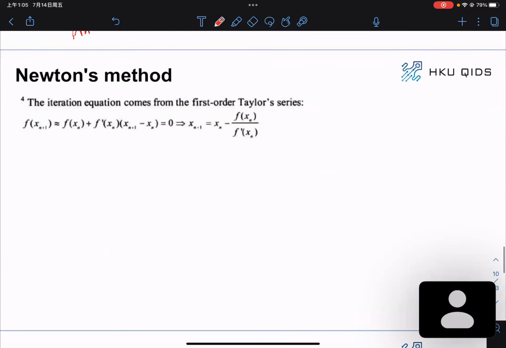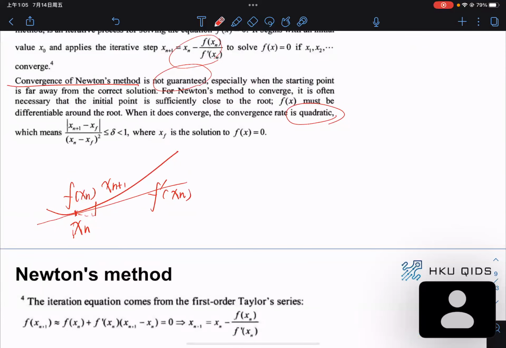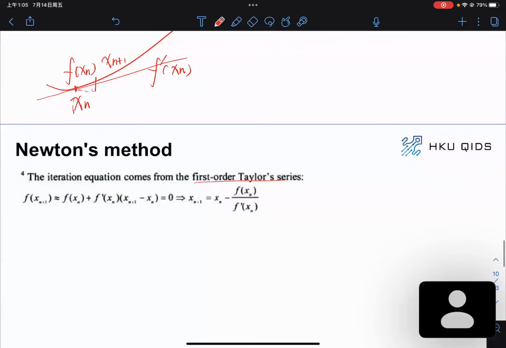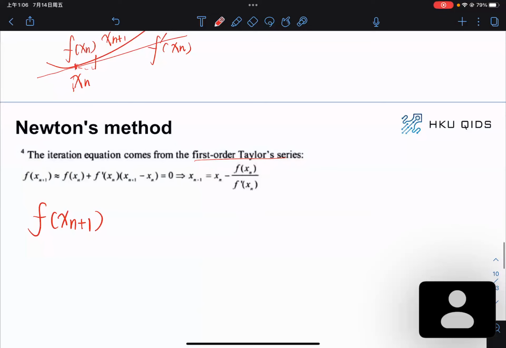And the iteration equation, why it looks like this formula, is coming from the first order Taylor series. How is that the case? It's already written here, because we can have f(x(n+1)). So if we define this, then we know that x0 can be taken as any value, right? So we just define x0 as xn.